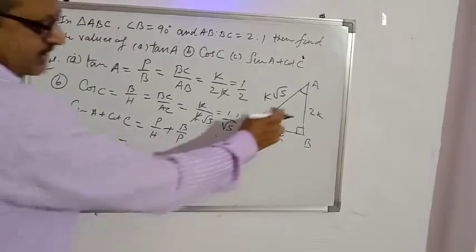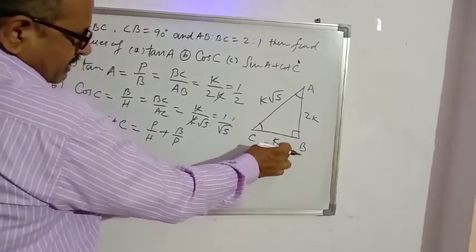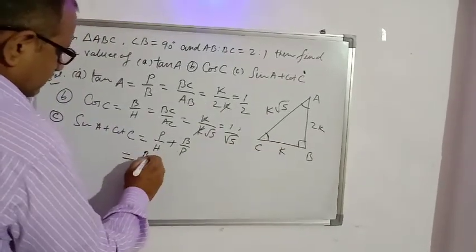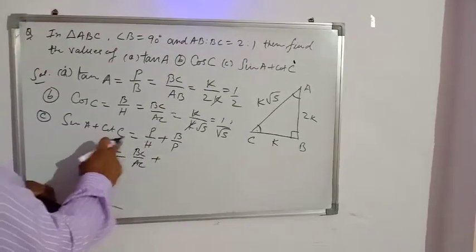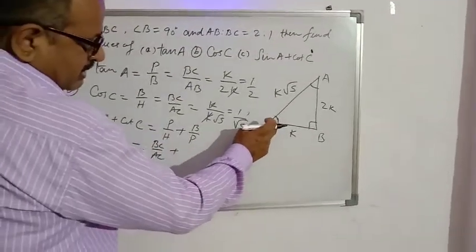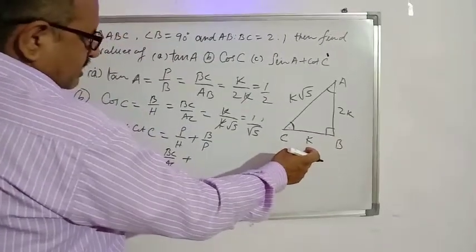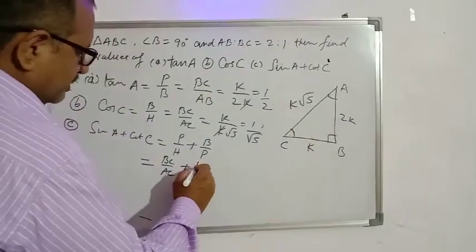When we take this acute angle A, its opposite side BC will be perpendicular and AC hypotenuse, so BC upon AC. For cot C, taking this acute angle, its opposite side is perpendicular, this side is base, we have to write base upon perpendicular, so BC upon AB.